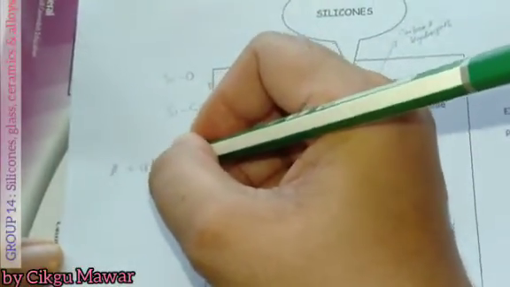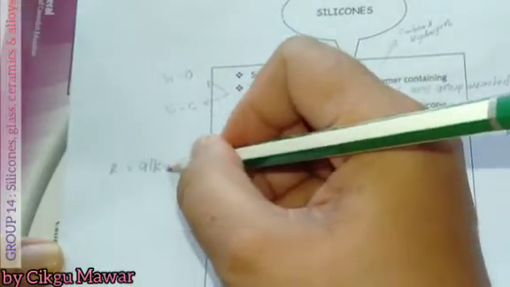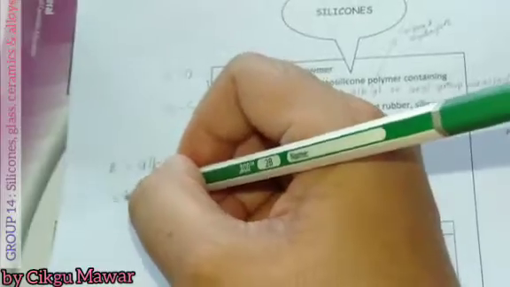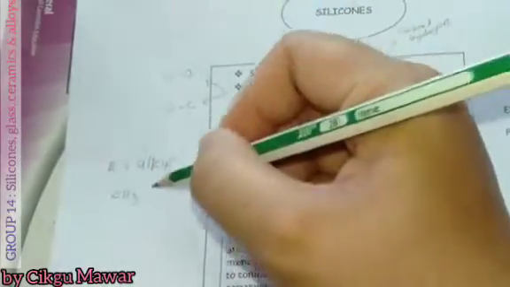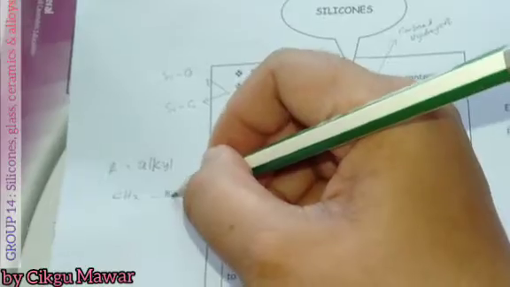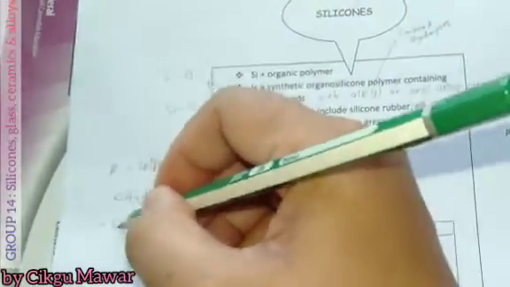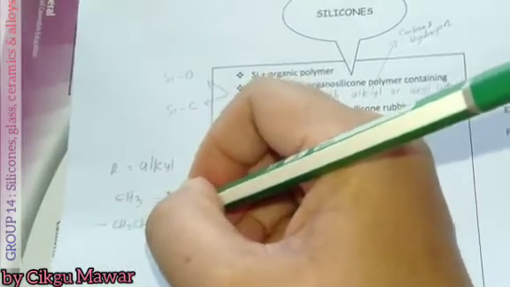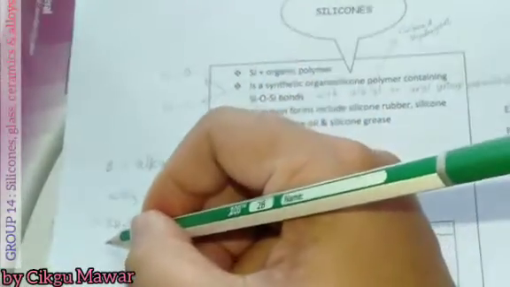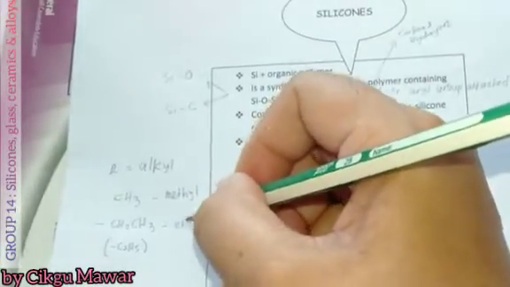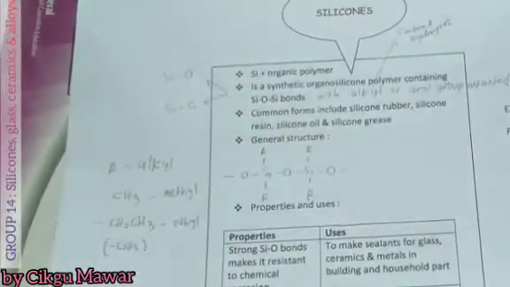What is alkyl? Examples of alkyl: CH3, which we call methyl, and CH2CH3, or C2H5, which we name ethyl. So this is the alkyl group.